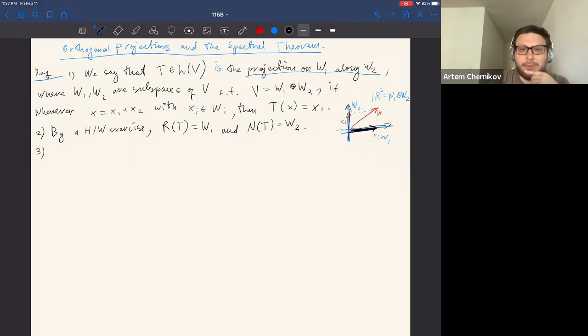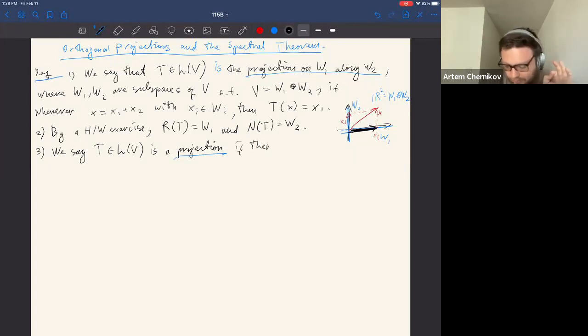And then we're going to say that a linear operator T on V is a projection. Okay, so we'll simply say that a linear operator is a projection if there exist subspaces W1, W2 satisfying the definition above for T.